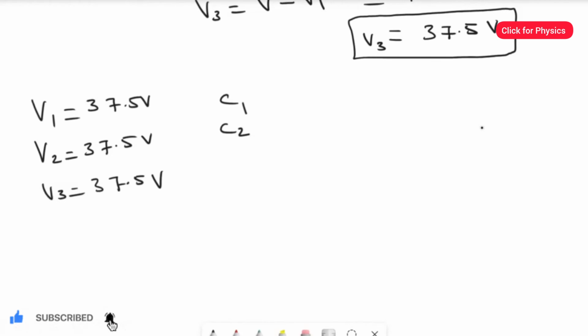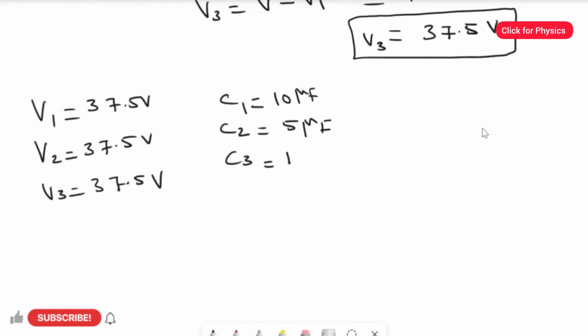What's the value of C1? 10 microfarad, which was already given in the question, and C2 is 5 microfarad, and C3 is 15 microfarad. Clear?